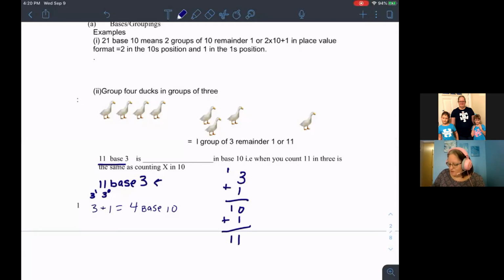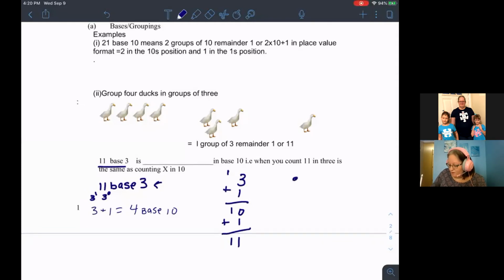So in order to show that, it would be one group of 3. So that's where you get the 10, this place, 1, with one remainder, which is in the ones place. So it would be 11 base 3.